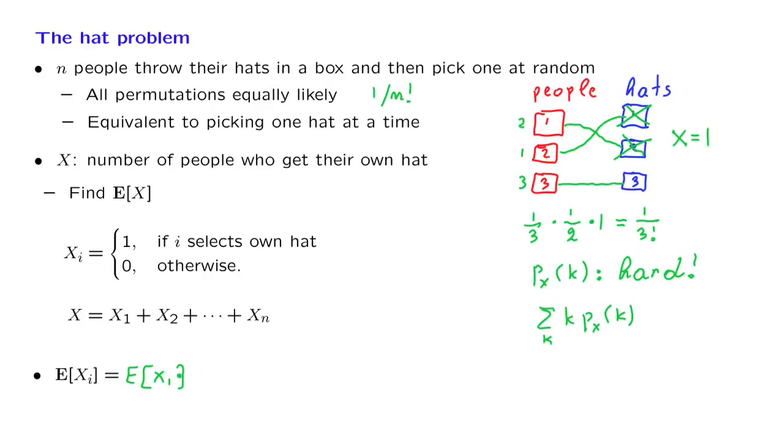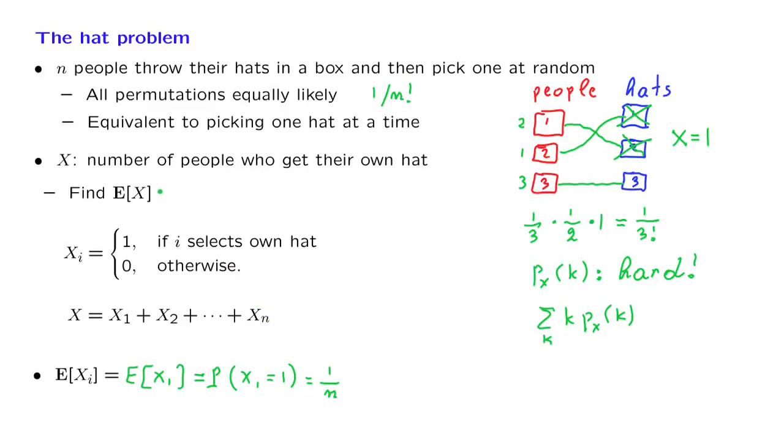Now, since x1 is a Bernoulli random variable that takes values 0 or 1, the expected value of x1 is just the probability that x1 is equal to 1. And if person 1 is the first one to choose a hat, that person has probability 1 over n of obtaining the correct hat. So, each one of these random variables has an expected value of 1 over n.